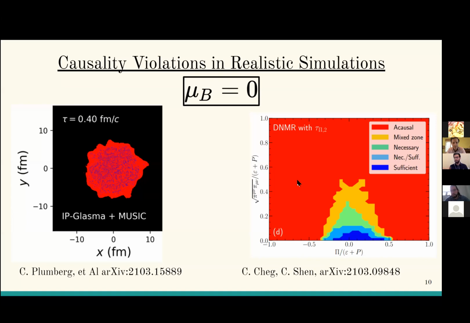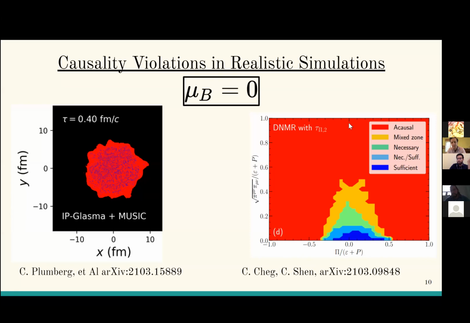But going to the third order viscous hydrodynamics, because using DNMR, you are stopping at the second order. So I think you mean gradient expansion, or do you mean? Yes. So from what I know, DNMR is different from a gradient expansion. It's not exact, the dynamics are different, right?